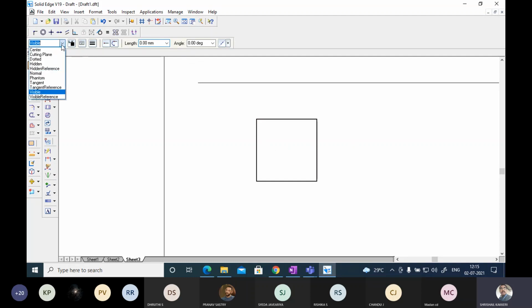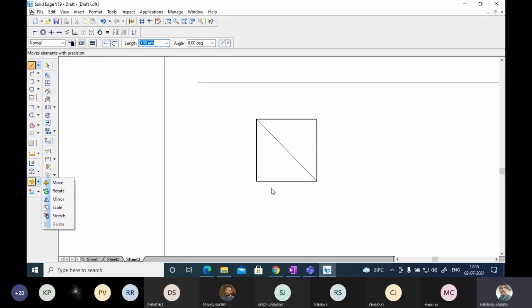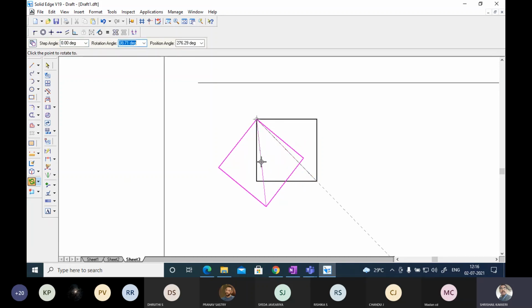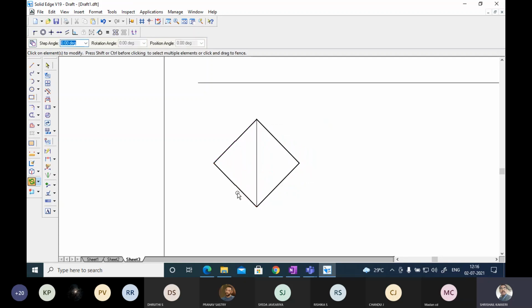Initially you have to make a small arrangement: draw this diagonal, then select this, say move, then rotate this through this point, so this diagonal has to be here.